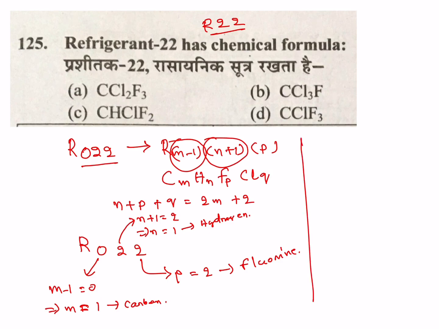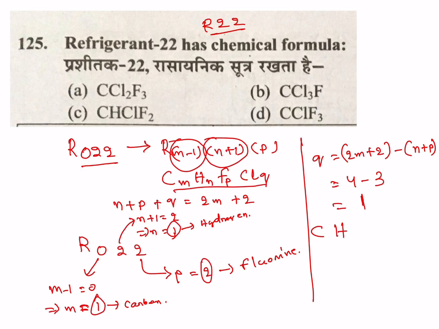Then chlorine, how will you get? Q value we have to calculate: 2m plus 2 minus (n plus p). M, how much you got? 2 plus 2 is 4, minus n is 1, then p equal to 2, 1 plus 2 is 3, how much will you get? 1.